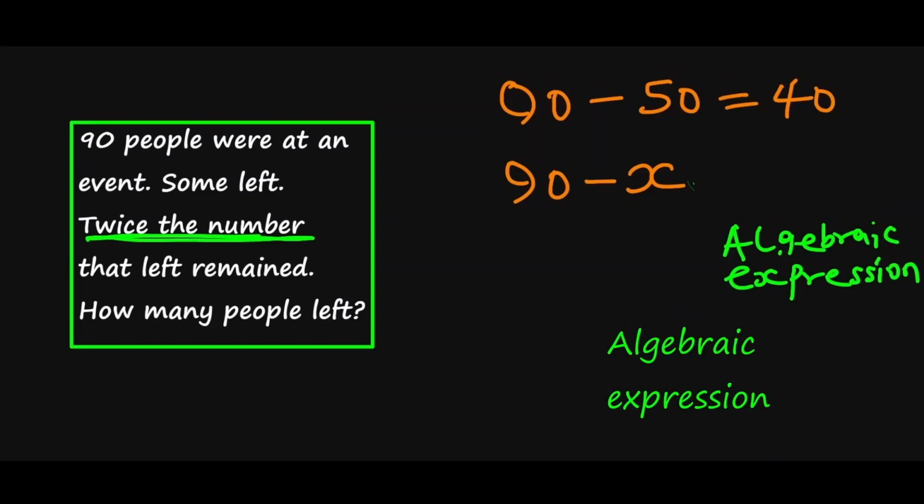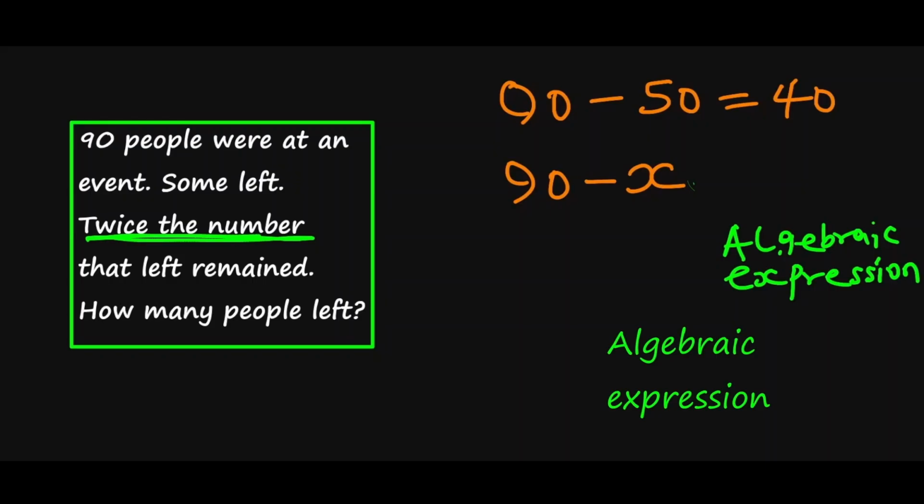Now, let me quickly mention two things here. For those who do not understand how we came about the x and the 2x, don't bother yourself yet. The aim of this part is not for you to know how we got x and 2x. It's just for you to know that those equations and expressions you see every day, x, 2x, a, b, y, and so on, this is how they come about.